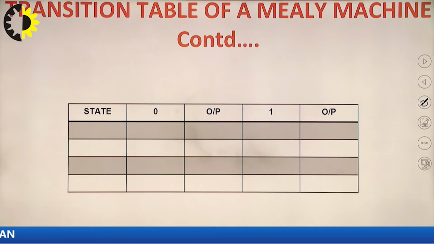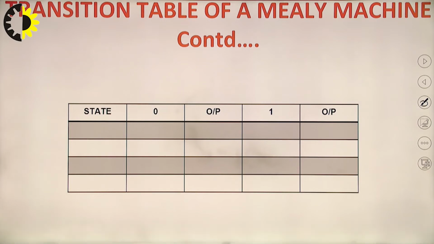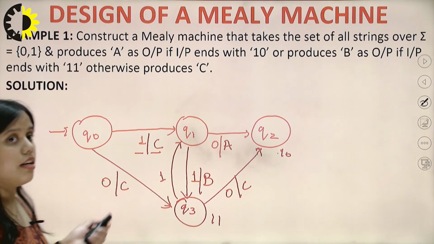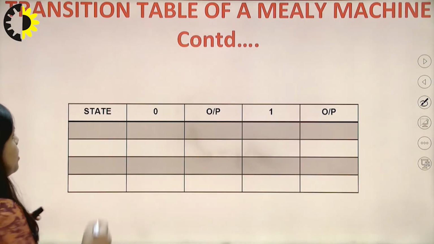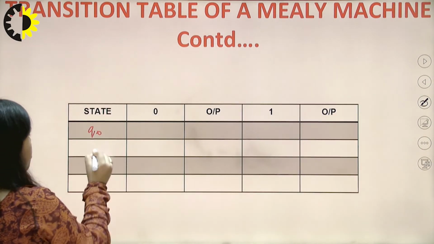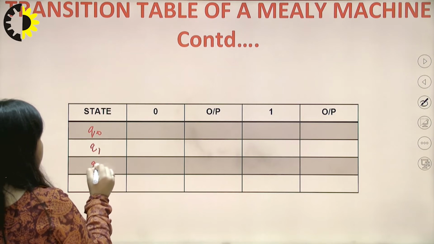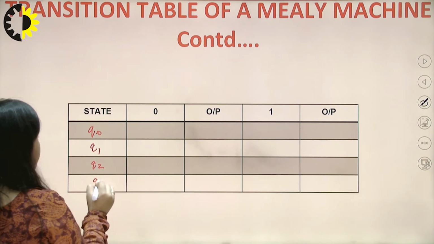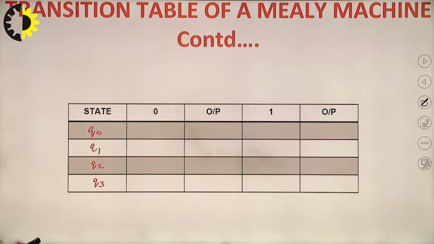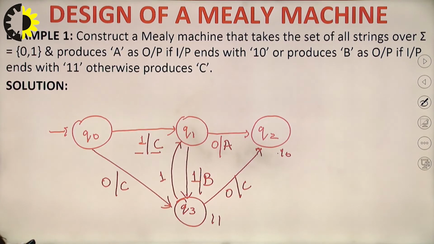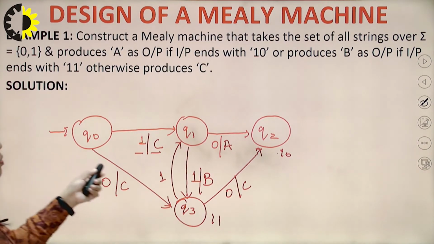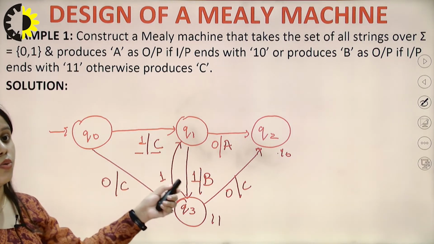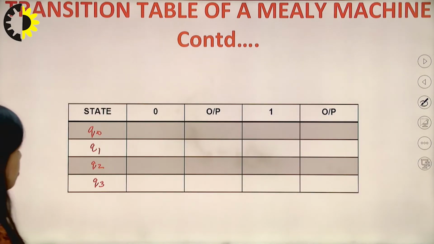Next, how does the transition table take place? The states are Q0, Q1, Q2 and Q3. With input 1, we are reaching Q1.